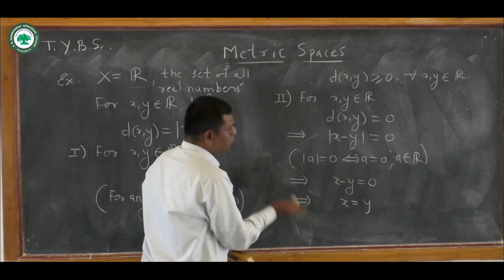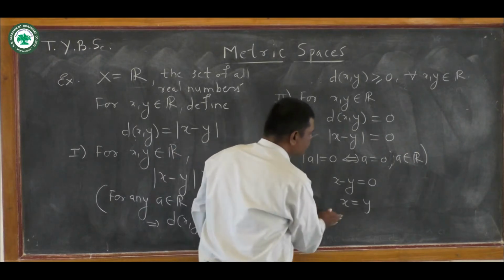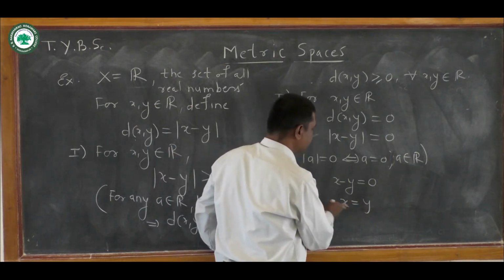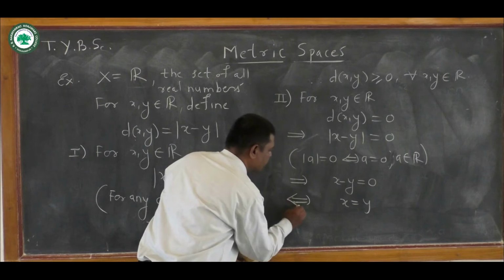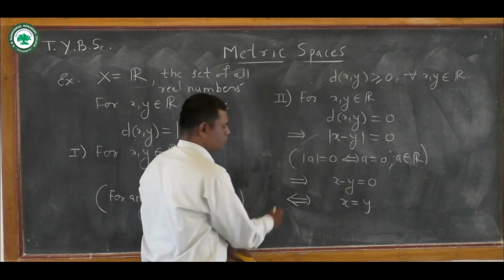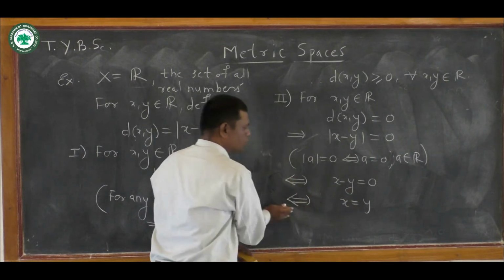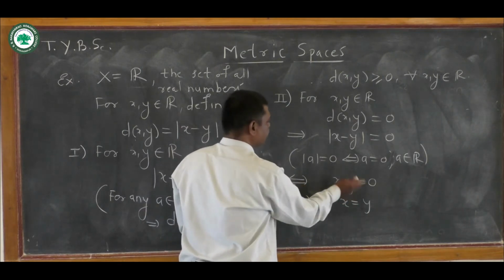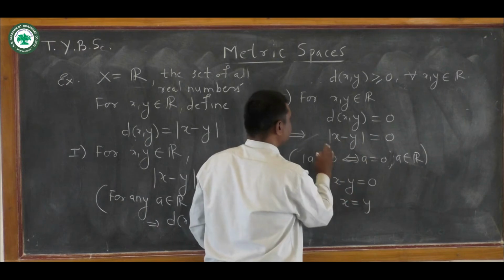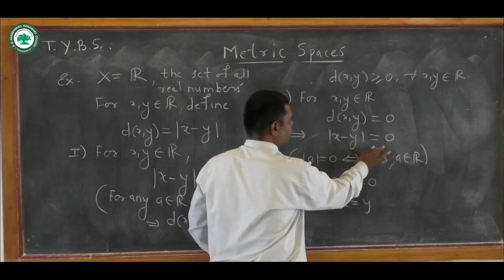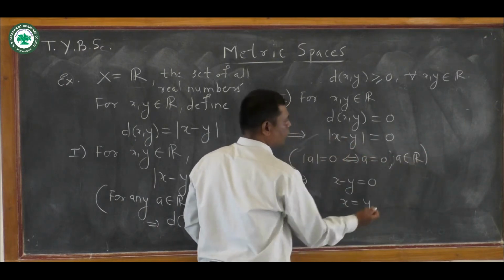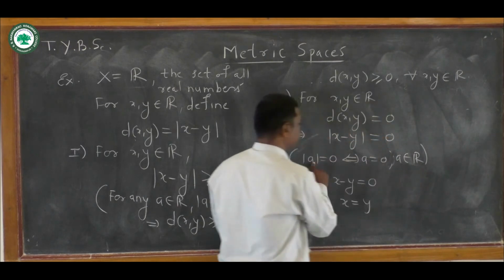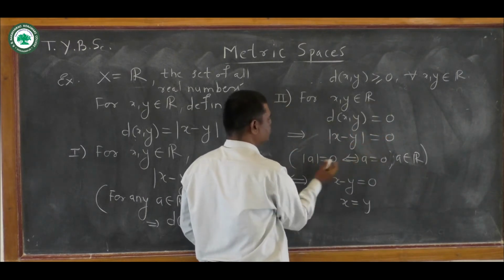Now for the reverse direction, when we have X equal to Y, then X − Y is equal to 0. Taking absolute values on both sides, we write |X − Y| = |0|, and we know that the absolute value of 0 is 0.